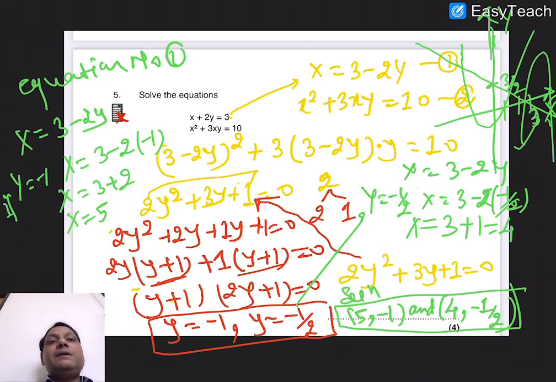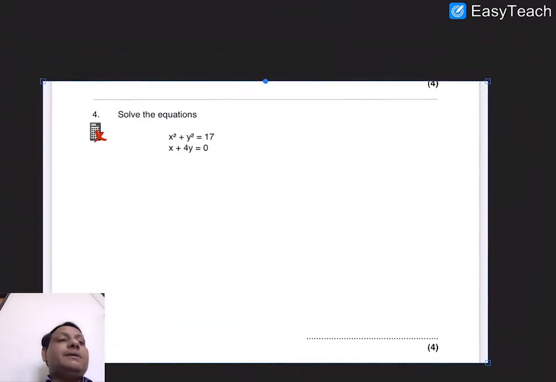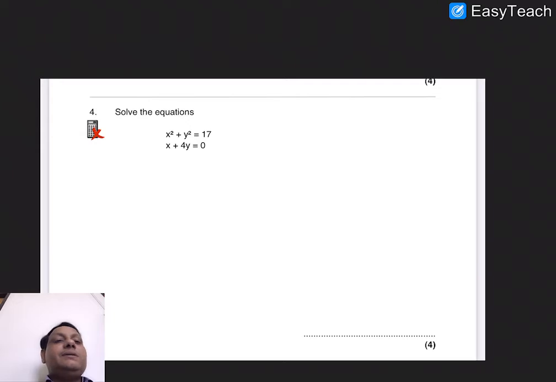Here, another question we are going to do. This is equation number 1, and this is a quadratic equation.